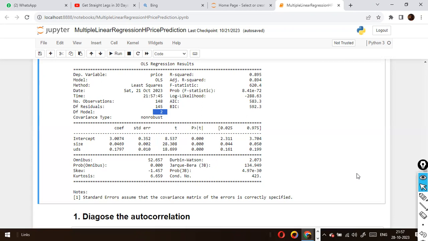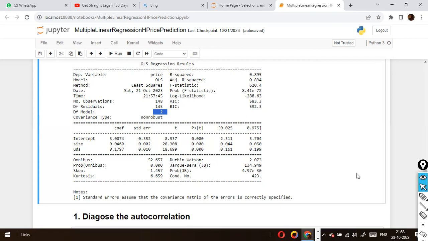Even the Jarque-Bera tells the same thing. The probability of Jarque-Bera, since this is less than alpha, we are rejecting the null hypothesis. We are going to say the residuals are normal, so it is not violating the assumption of normality.